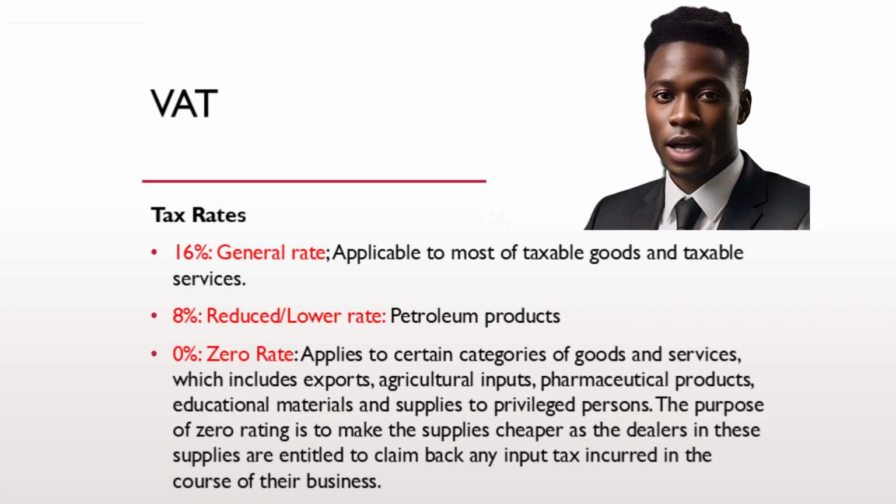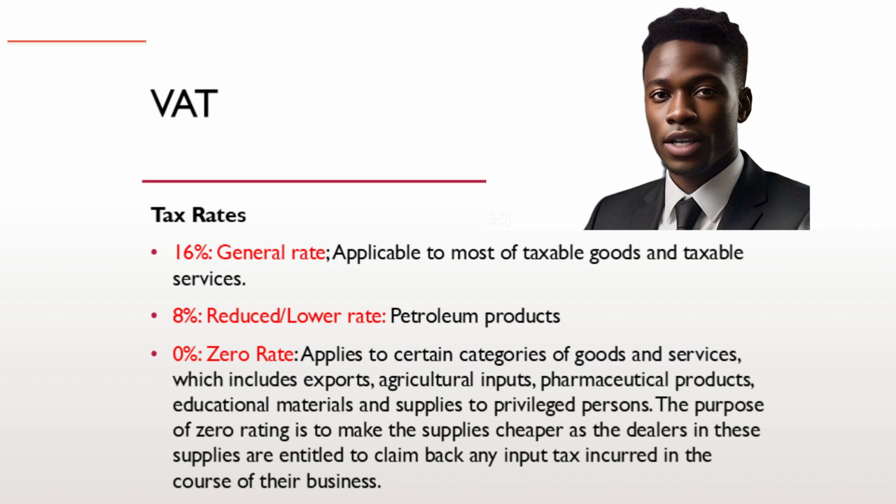Okay, let's move on to VAT tax rates. In Kenya, there are three main VAT rates. The general rate is 16%, which applies to the majority of taxable goods and services. There's also a reduced rate of 8%, which currently applies to petroleum products. Then we have the 0% or zero rate.